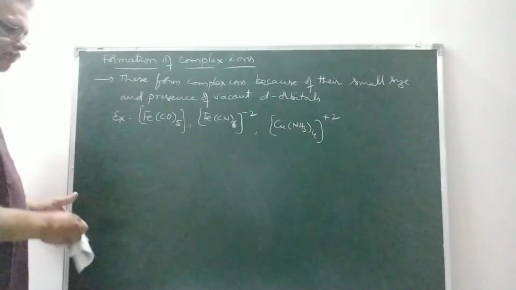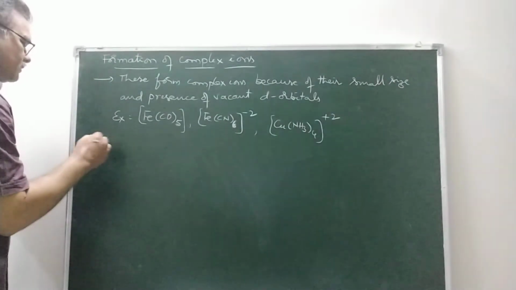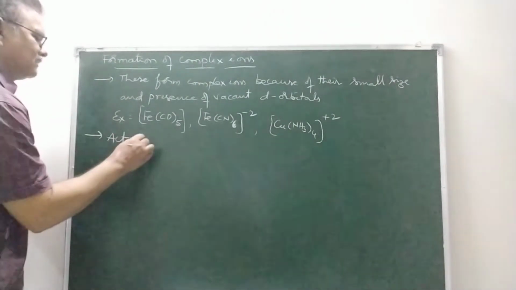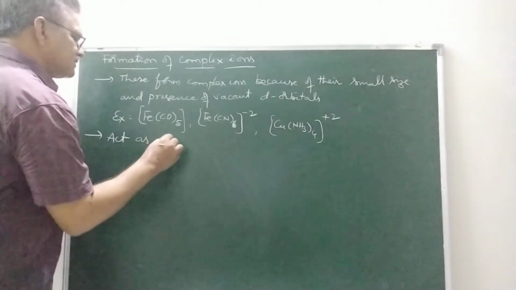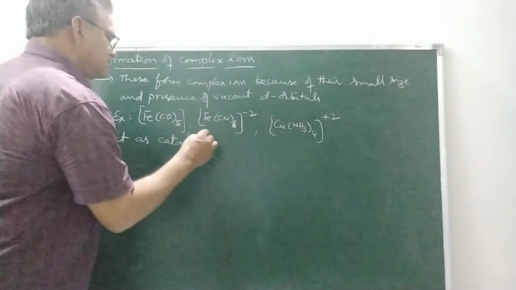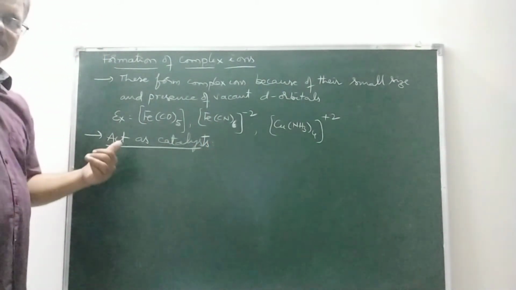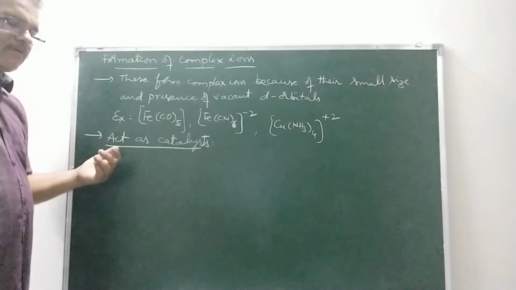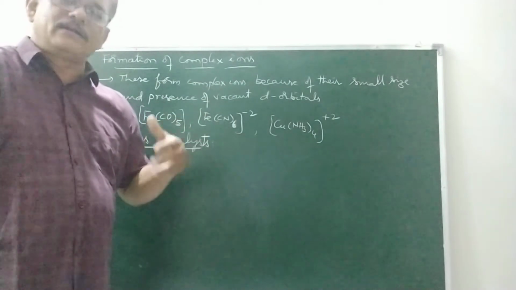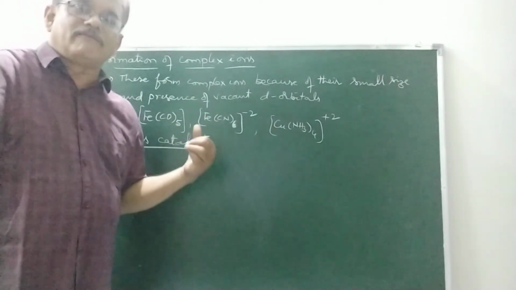Next, another important property of d block elements is they act as catalysts. The d block elements and their oxides act as catalysts because they provide large surface area. Because of their small size, they provide large surface area and they show variable valencies.